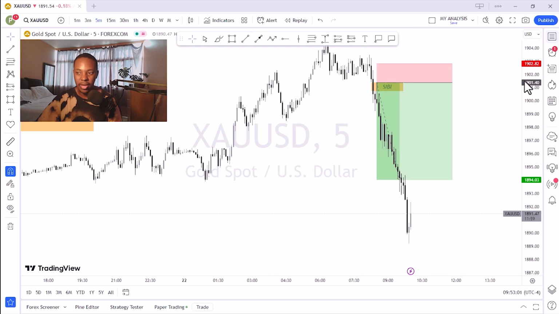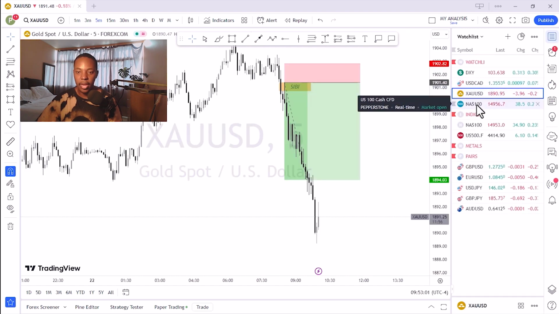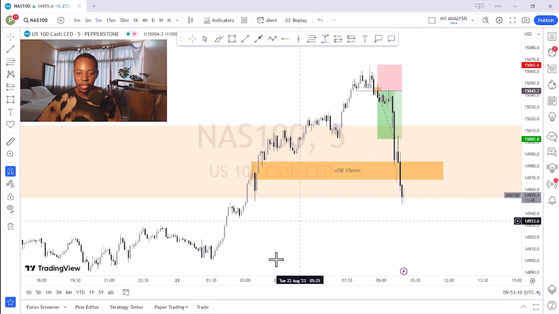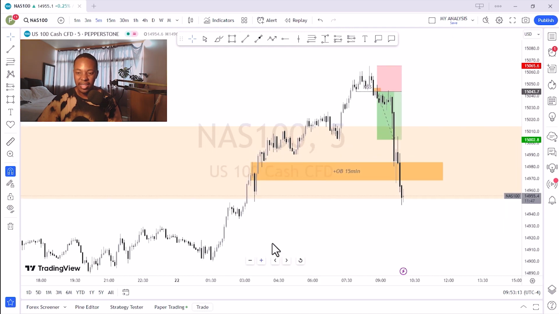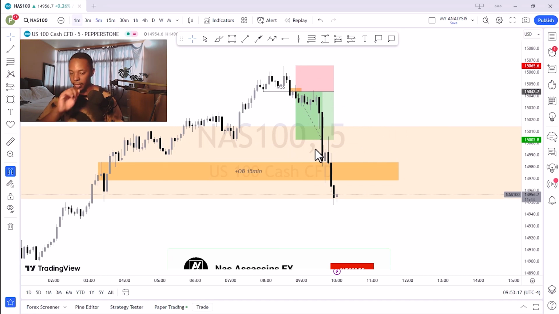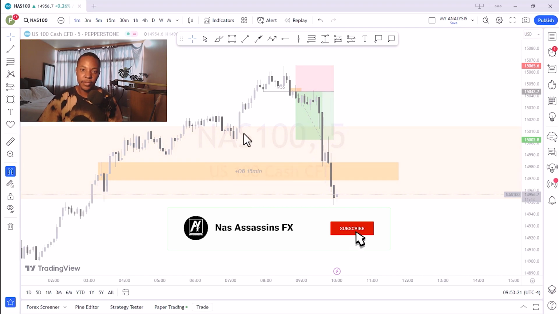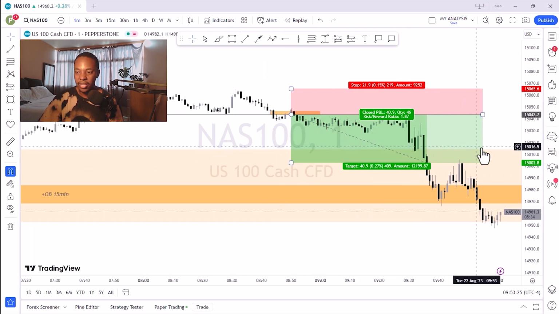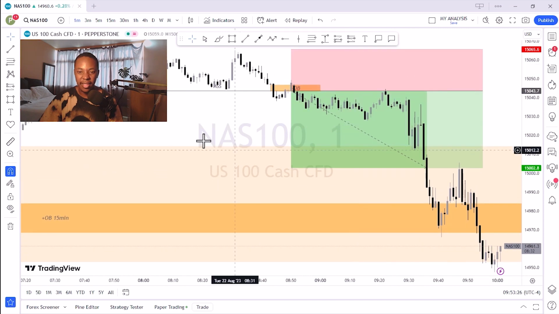Another trade that I just took, it's NAS. I also took a sell. It was a very short in and out trade. As you can see, I used a 1-minute entry using that order block up there.